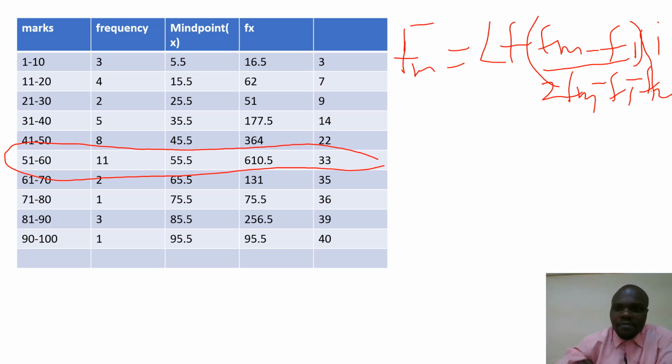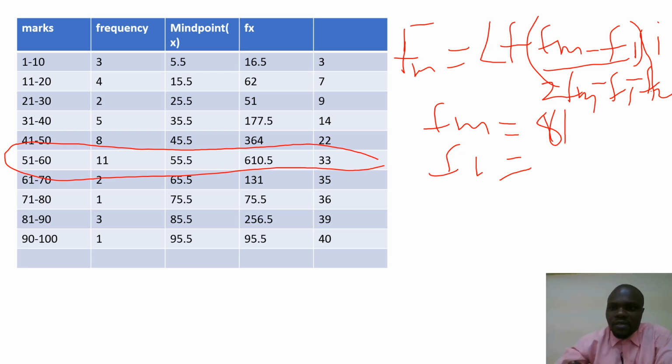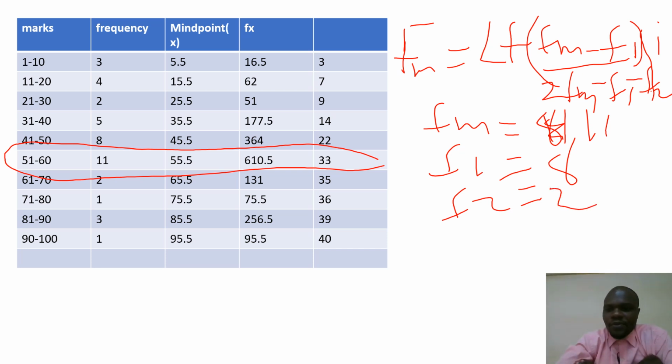So my fm in this case is equal to 11 here. Then my f1 is equal to 8, and then my f2 is equal to 2. So now with that, my lower class limit here is equal to 50.5.